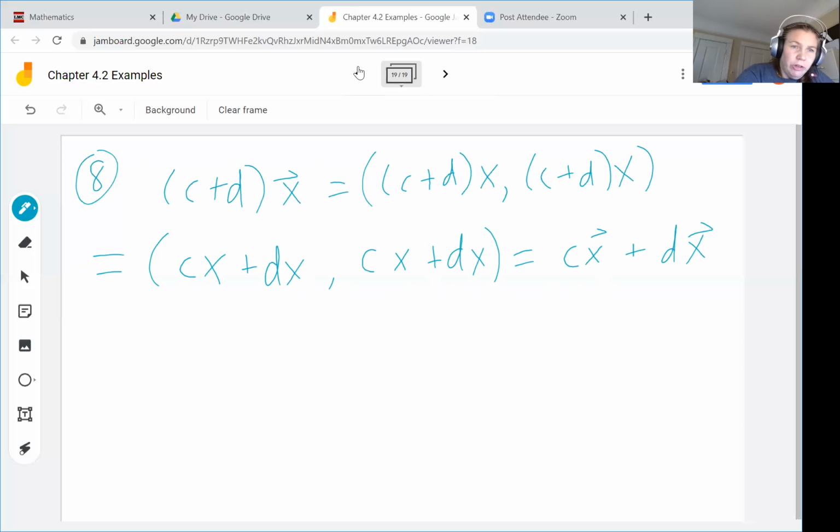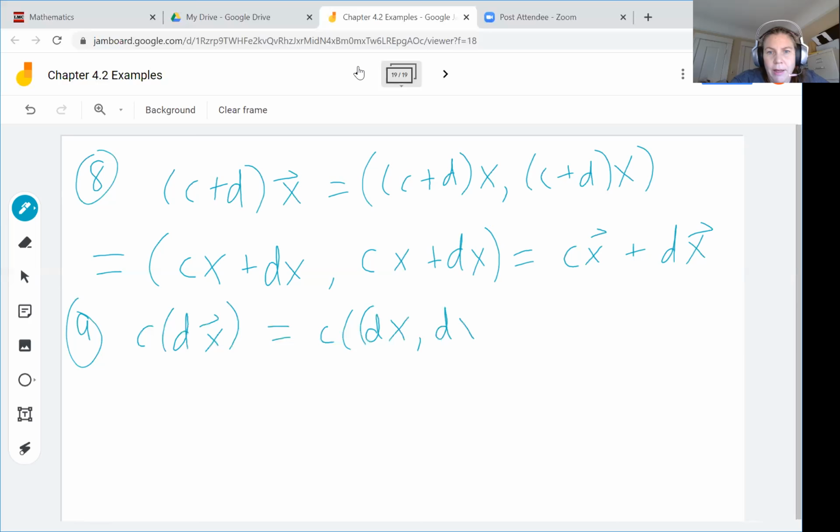Now we got to check the associative property. So you can see, to verify something is a vector space, if it's not something we've already established in the examples given, we've got to go through and check all 10 of these steps. So to check property 9, or axiom 9, c times d times, I'm calling it x, not u here, where x is my vector. I'm going to say this is c times, and I know d times x is going to be (dx, dx).